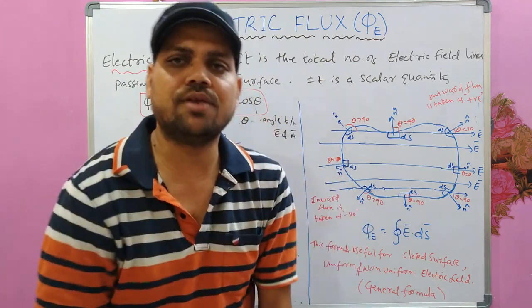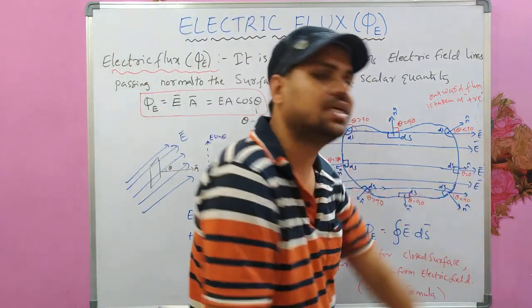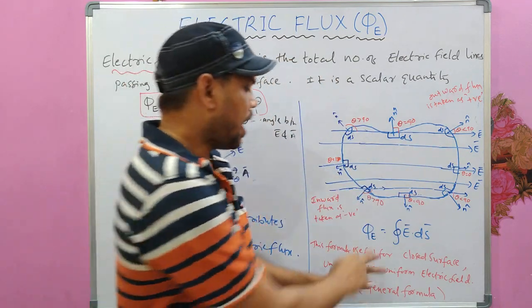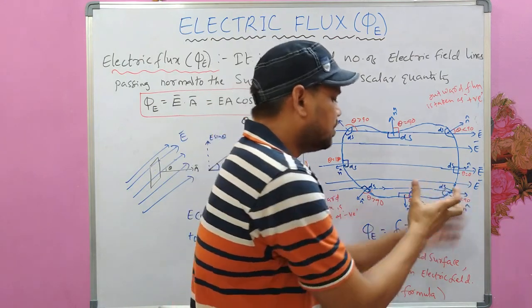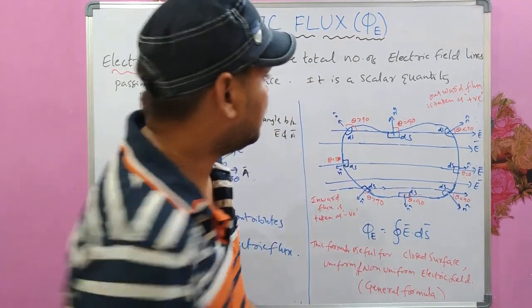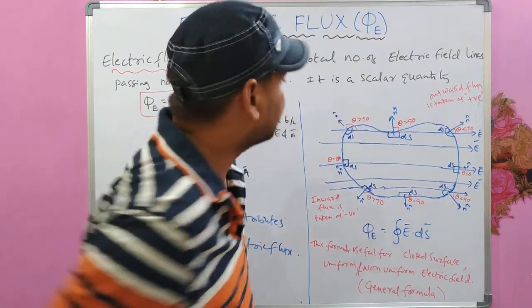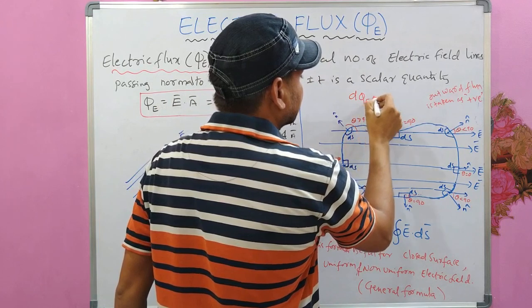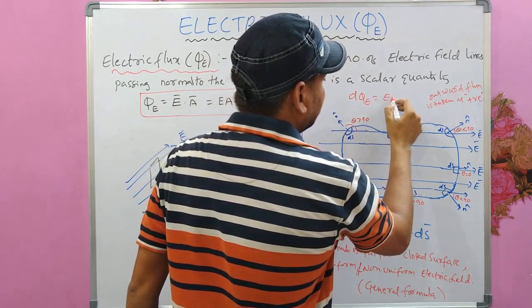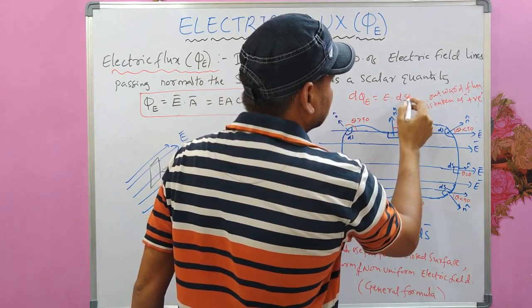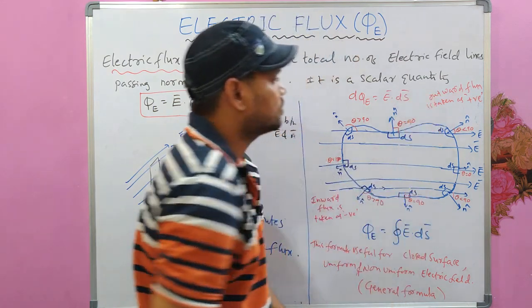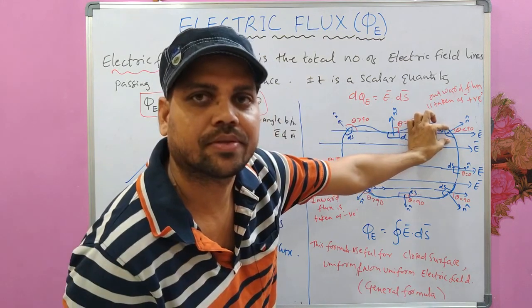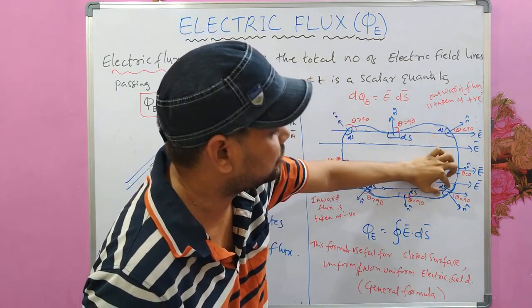If I want the total flux passing through this surface, I have to integrate each flux. See, d phi e here is the flux due to one small surface, that is E dot ds. d phi e is the flux linked to this ds, to this ds, to this ds.